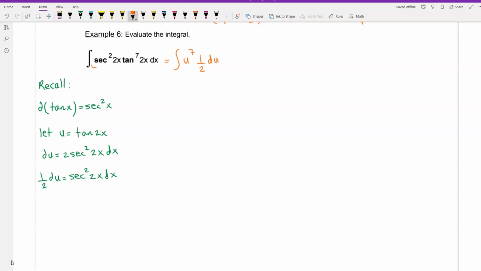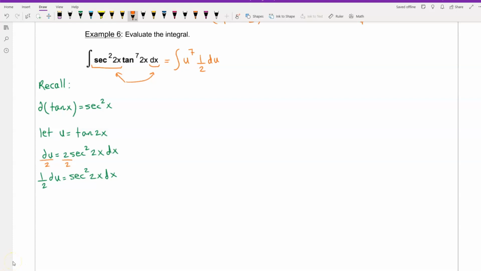Here on this part we have secant square 2x dx, and that is equal to du over 2. So what I did, I divided both sides by 2, so that way I can find what I can use instead of what we have here on this part. So that is 1 over 2 times du.